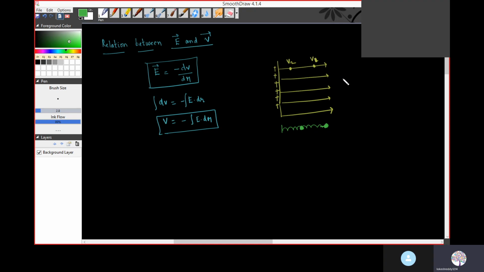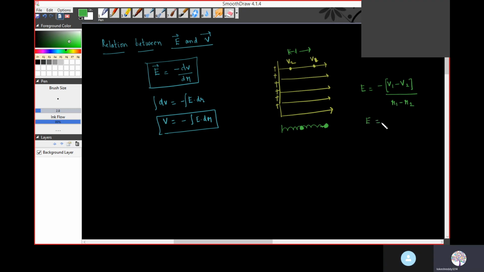So here let us take this distance is D. Then we will write electric field is equal to minus of V1 minus V2 by, now let us take this as R1, this is R2. So this is R1 minus R2.